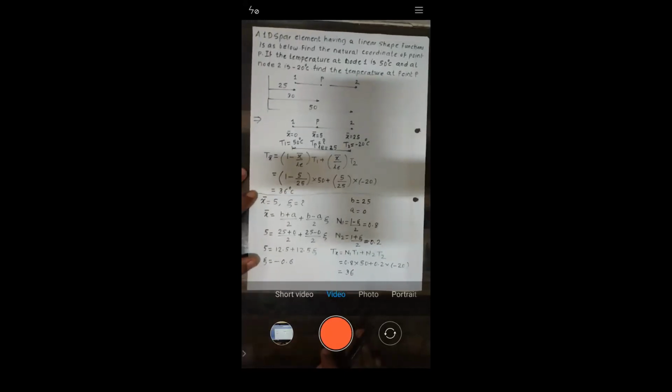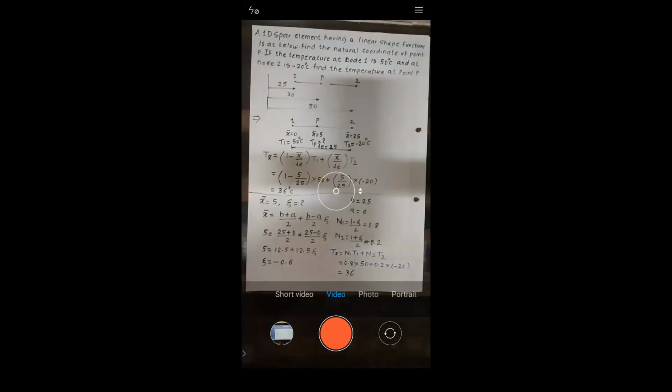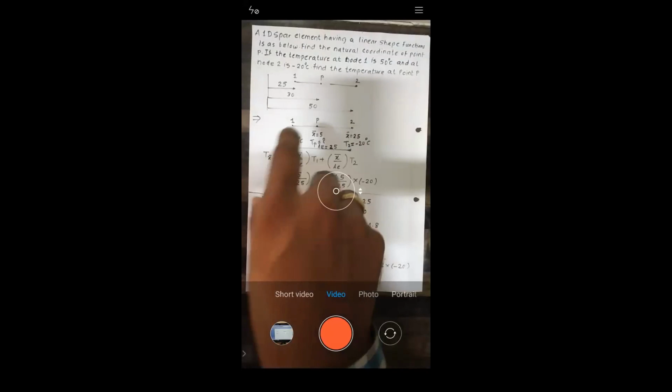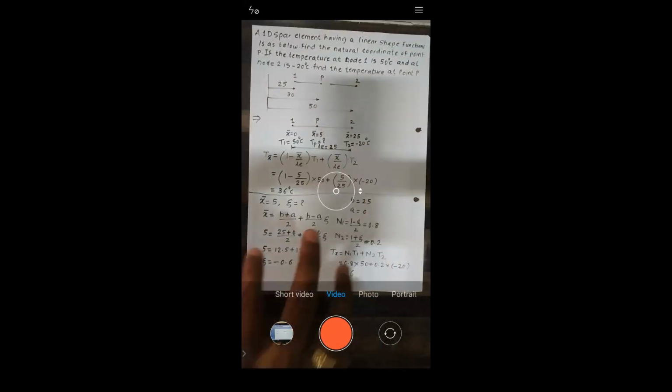Initially we saw the shape functions, and you might not have had the idea why we are learning them. But when we solved this problem, you might have understood the purpose of learning the shape functions. Is it okay?